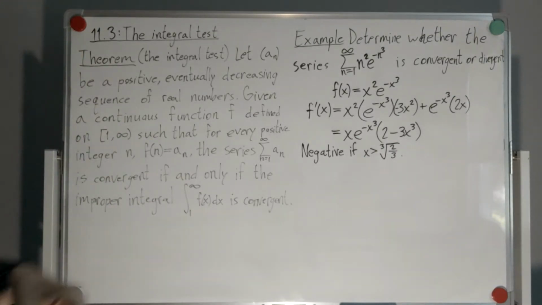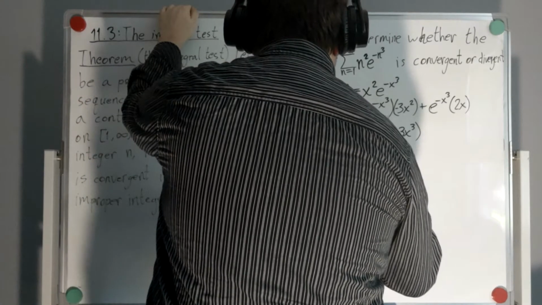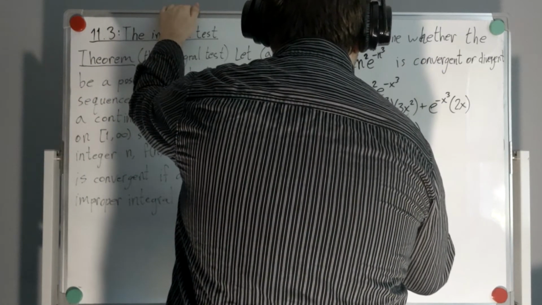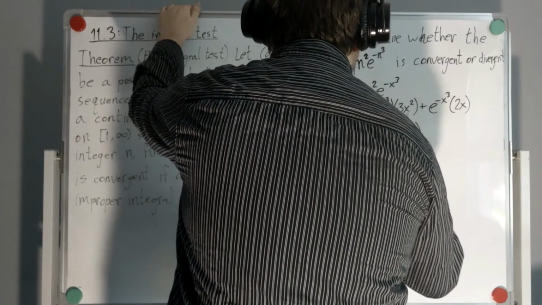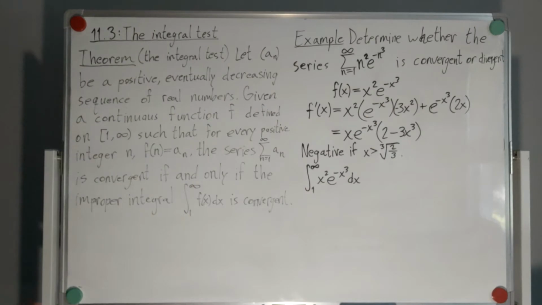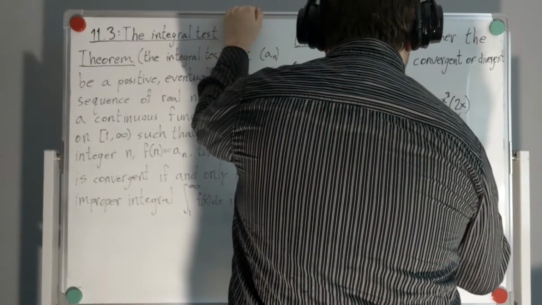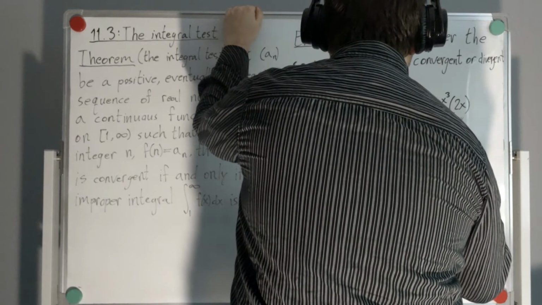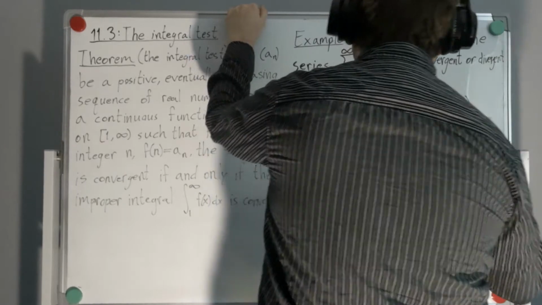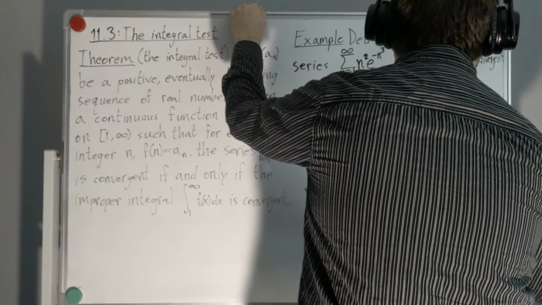So that means we can just take the improper integral from 1 to infinity of this function, and if that is convergent, then our series will be convergent, and if it's divergent, our series is divergent. So this, by definition, is just the limit as t approaches infinity of the integral from 1 to t of x squared e to the negative x cubed dx.